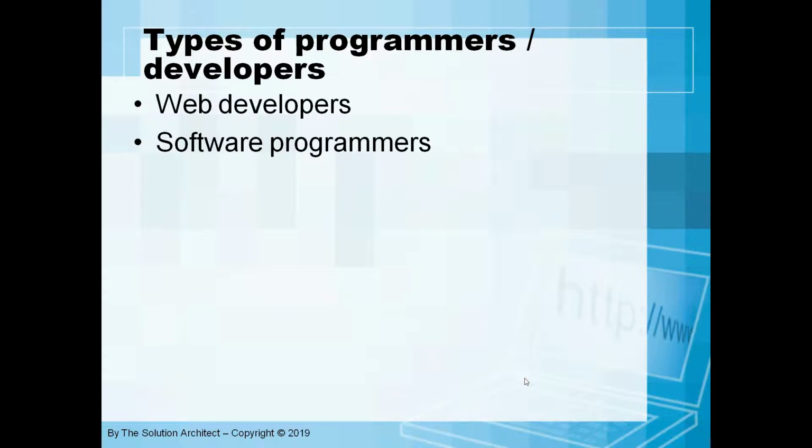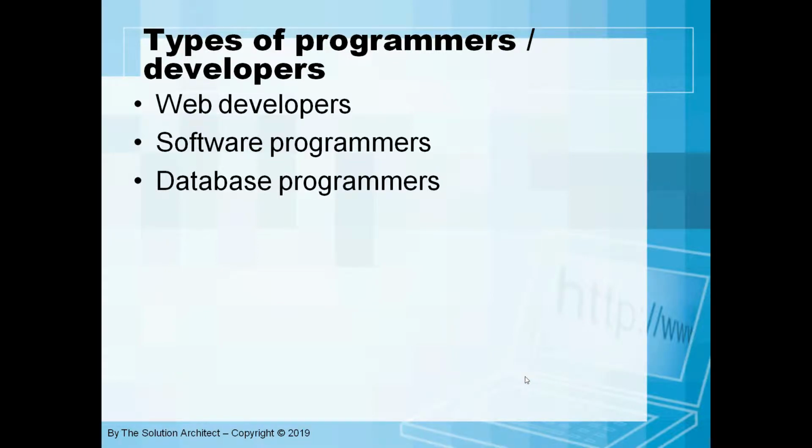I'll get into that in detail later, but software programmers can write software that runs on an application that a user doesn't even use, or basically anything. My own background is as a software programmer, and I wrote web applications, Windows applications, Linux applications, and much more.